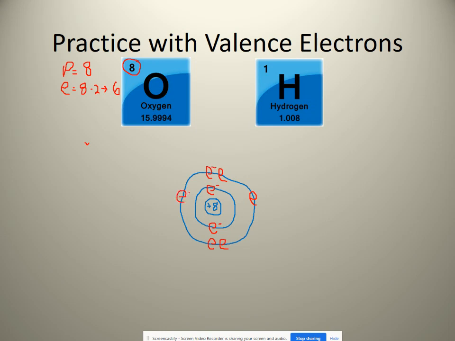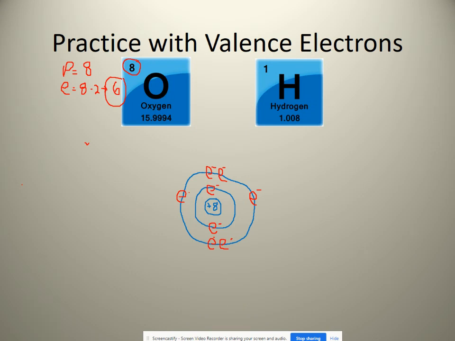Okay, so this oxygen has 6 electrons in the outside, so it has 6 valence electrons, okay?